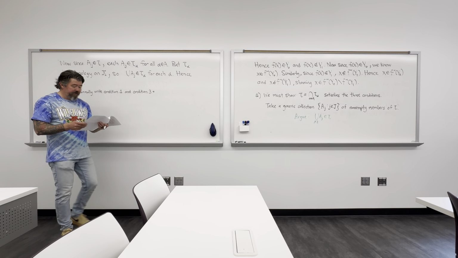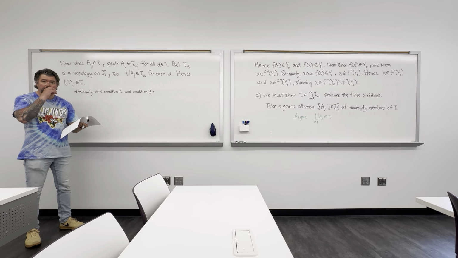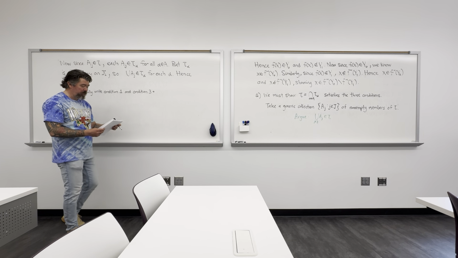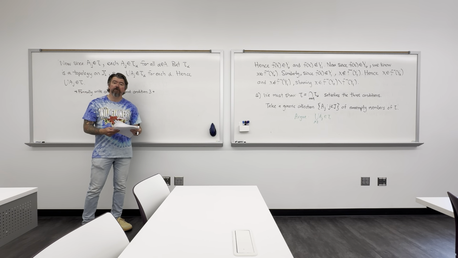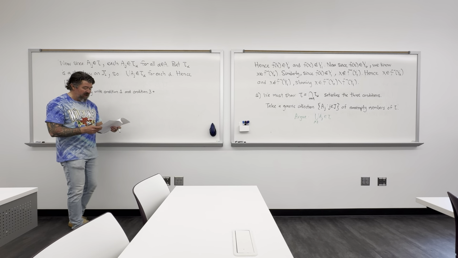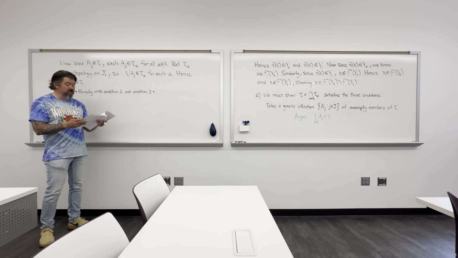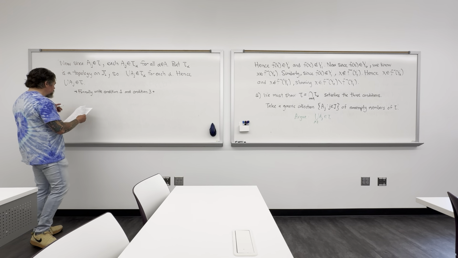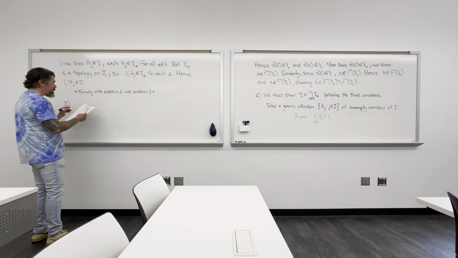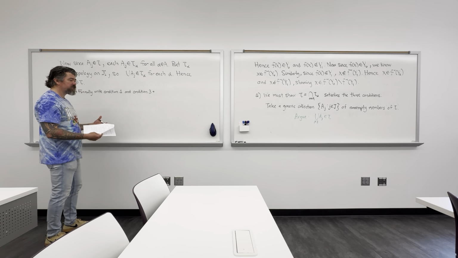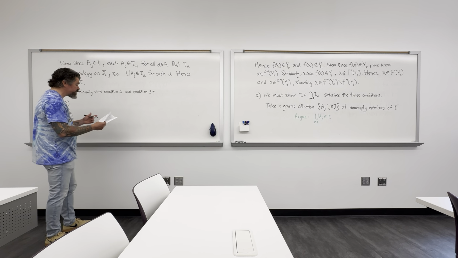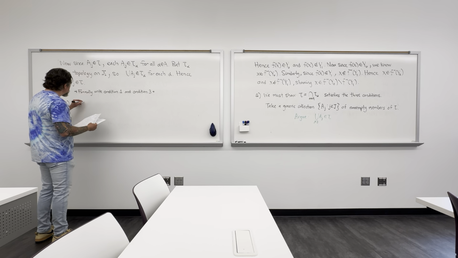Okay, so number 3 we've seen before. It was part of our homework. It was also part of the exam 1 review. So notice that we want to show this collection B is a basis for a topology. So remember, if we're just showing a collection is a basis for a topology, we need to show two things.